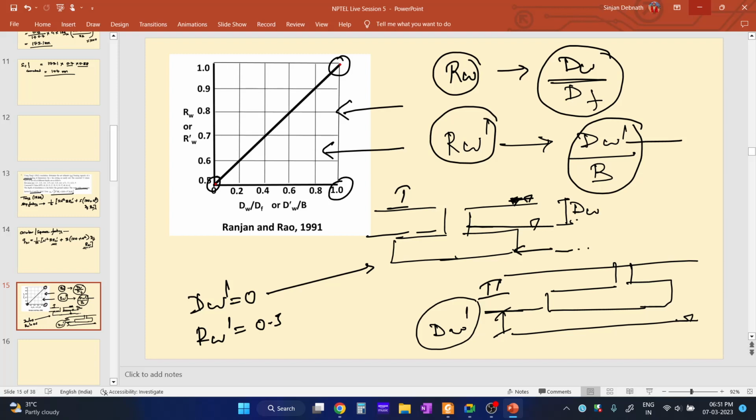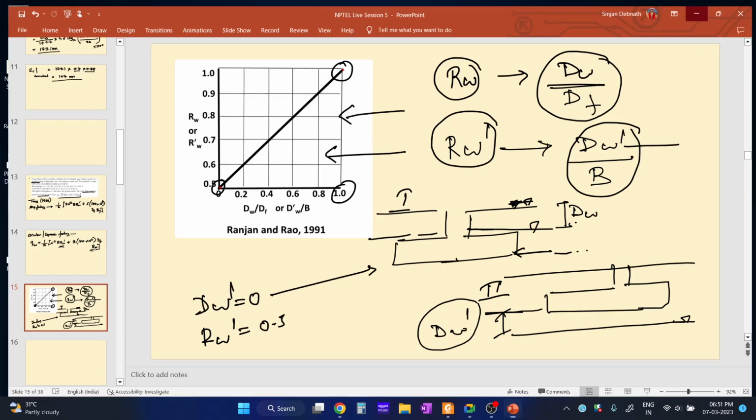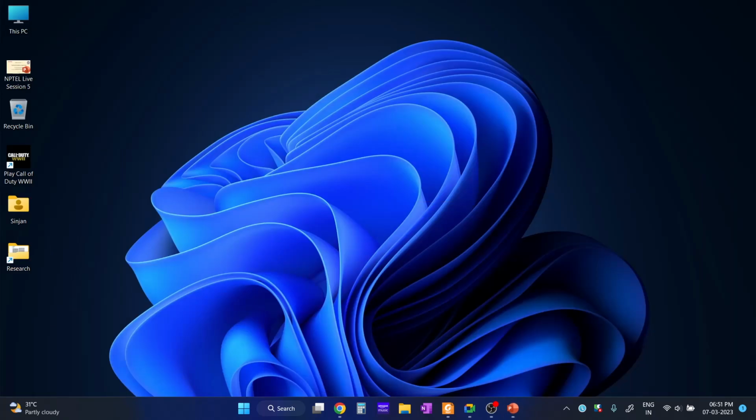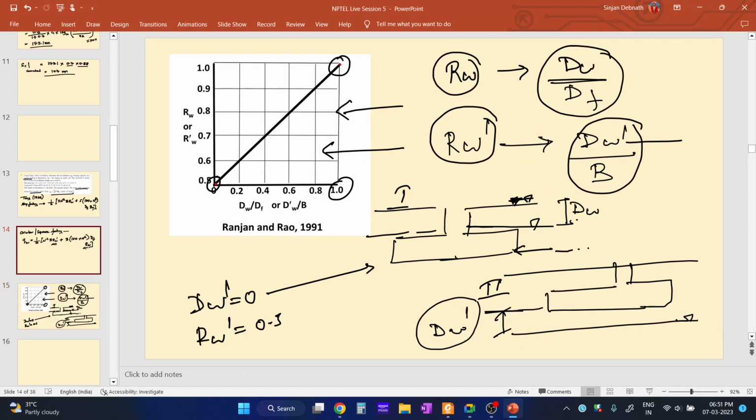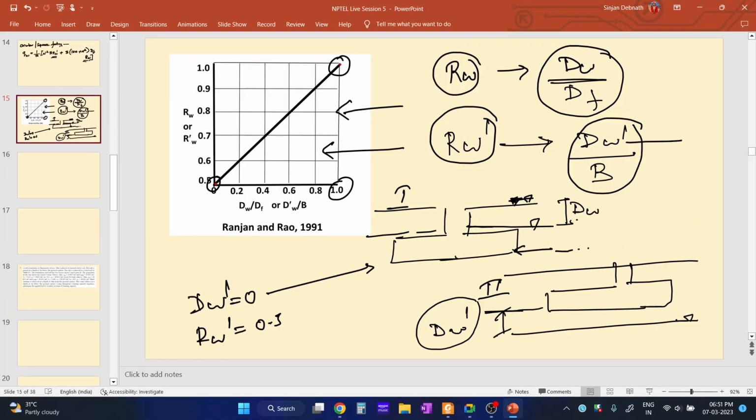I was just trying to show how to read this graph. I hope you have understood.